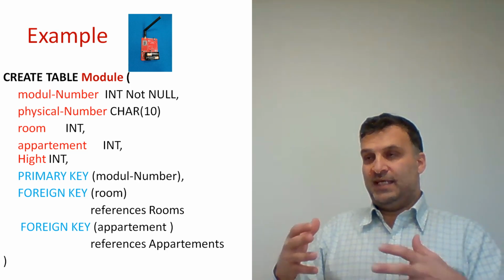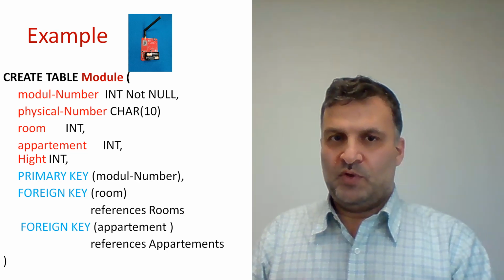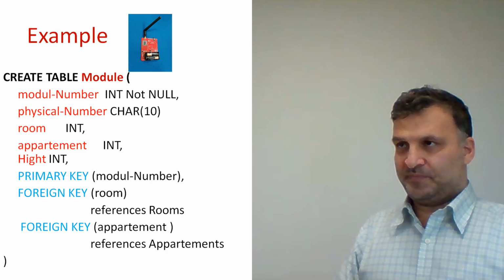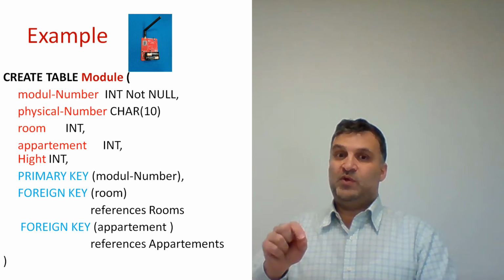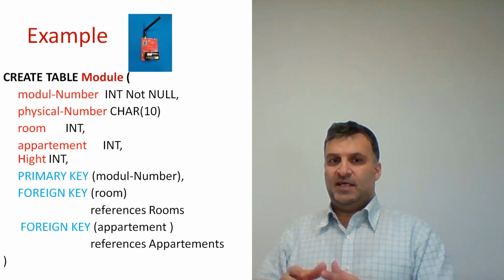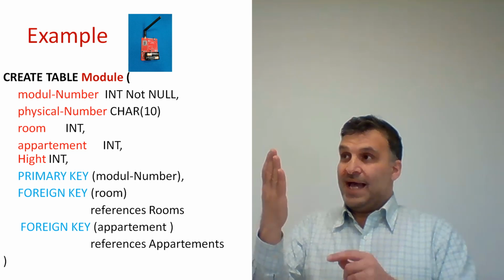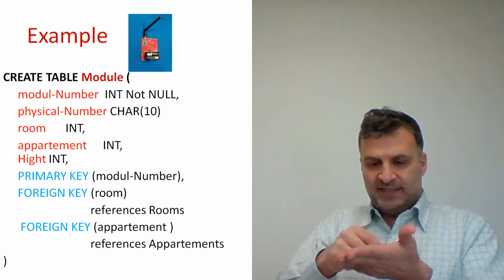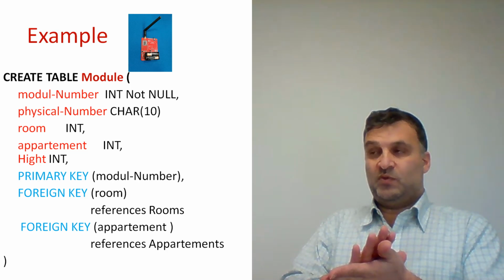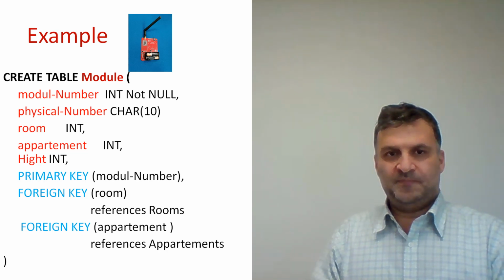What do we need from this module? Create table, module number. So this module will have a number in our system. It will be used as index in our system. Physical number, because we add a number for each module. We can find this number as a reference that was printed on the box of this sensor.